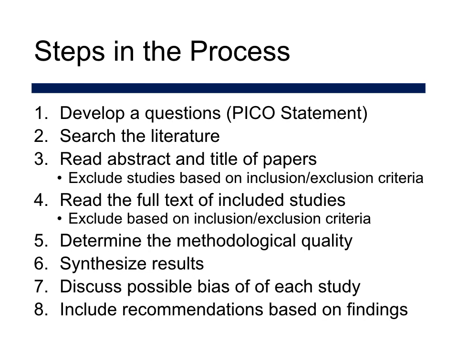So, what are the steps in the process of developing a systematic review? The first step would be to develop your research question and be sure to follow the PICO statement format. Second, search the literature. So you begin to search the literature and document your search process at each and every step in the process.